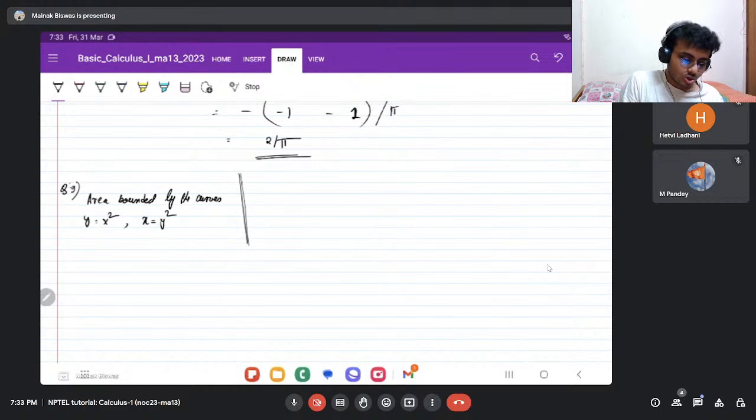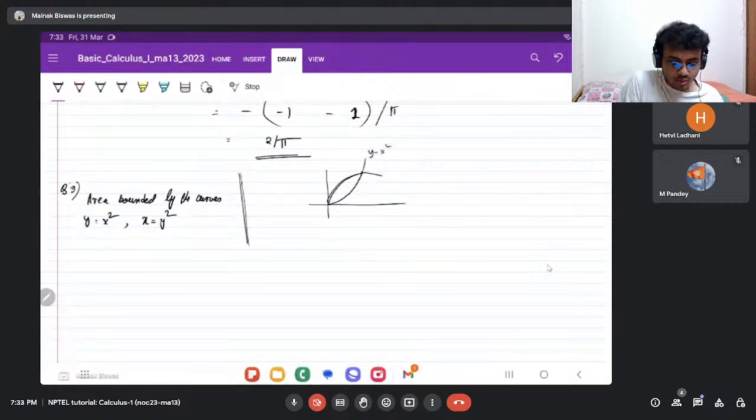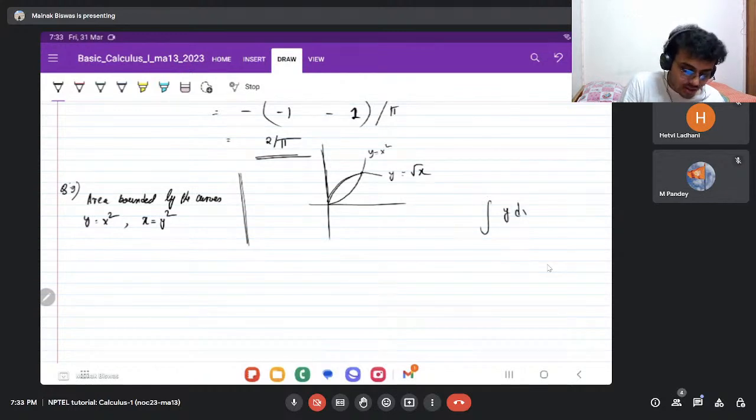See, this is one and this is another. This is your y is equal to x square and this is your y is equal to root x. So you can do 2 things, right? You can do the integral of y dx, right? This is your y, this is your dx, and you find this area, or f of x dx, which is what we have been doing.